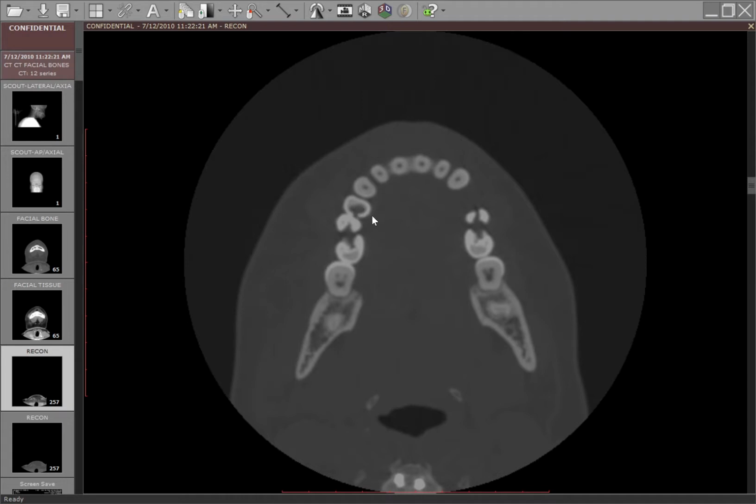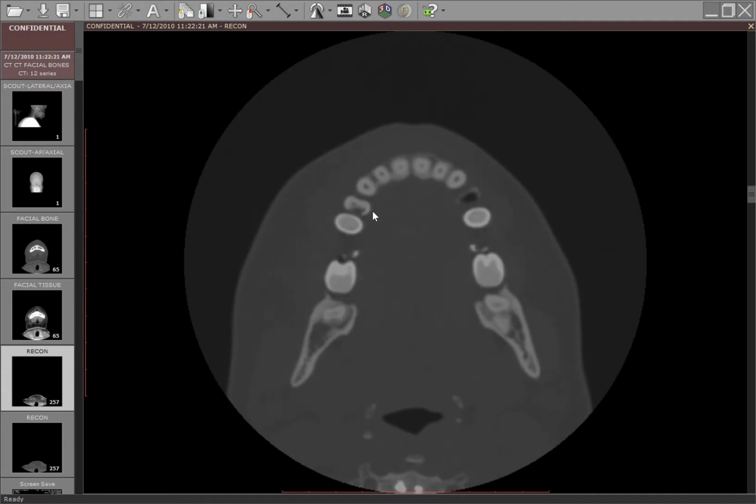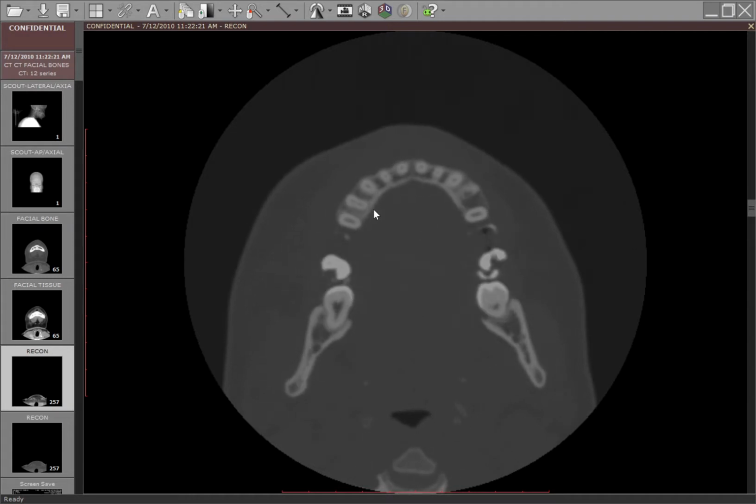And this is a very typical pattern for decay. Because of the way enamel is structured and dentin is structured, the demineralization in the enamel is just a very small, thin layer, and then it fans out into the dentin. And then you can follow the decay and the demineralization. When you get to the pulp, you can't see the decay because the pulp is already radiolucent.